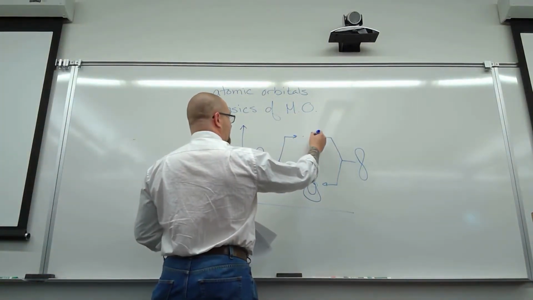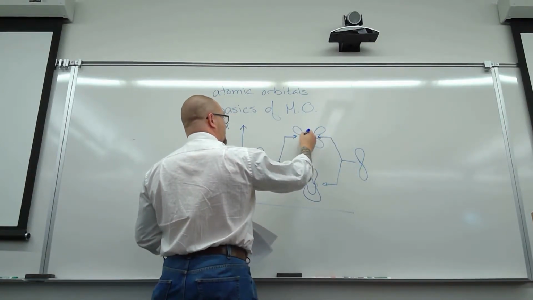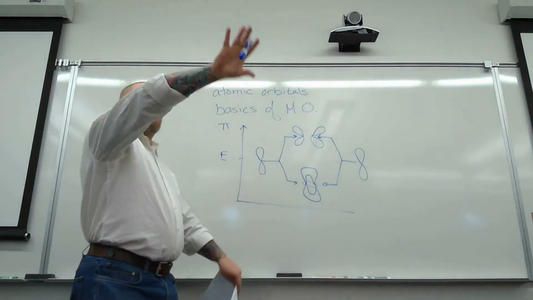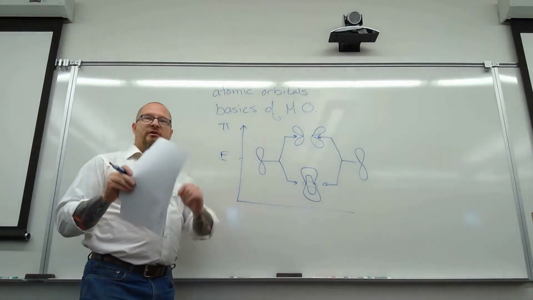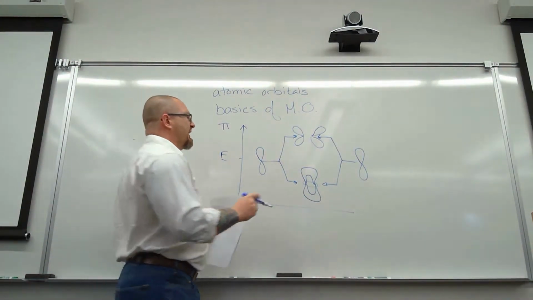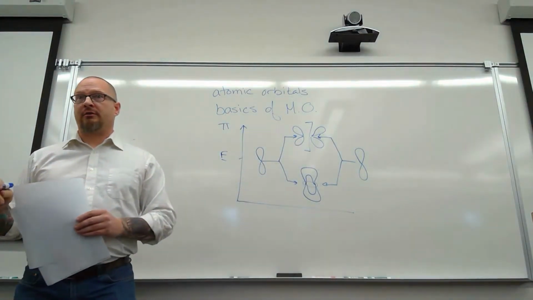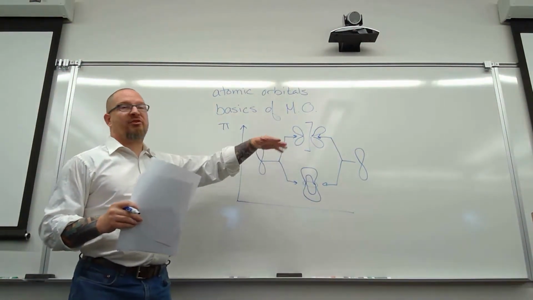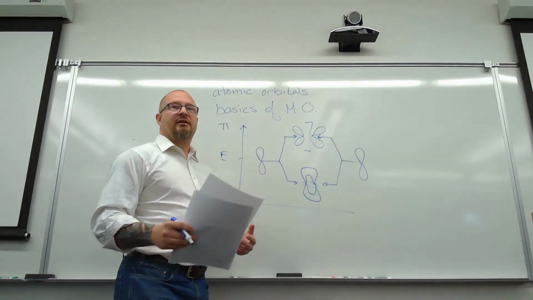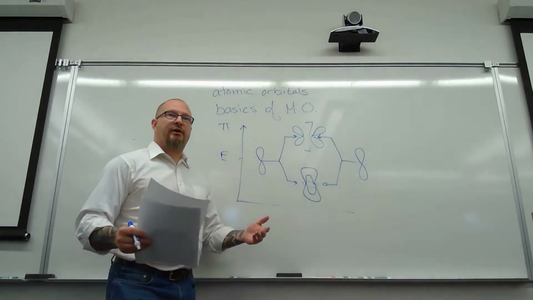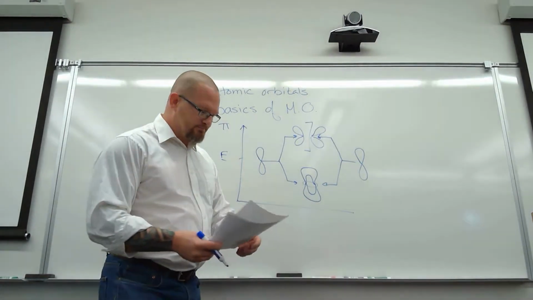The antibonding version of this still has nodes, but they're pushed away from one another even more so than they are linear. They are out of phase, and these electrons cannot be shared. If you house an electron in this high energy orbital, they cannot be shared between the nuclei. So it's the same premise as a sigma bond. That's bonding or antibonding, same rationale, just slightly different three-dimensional orientation in terms of the solution.